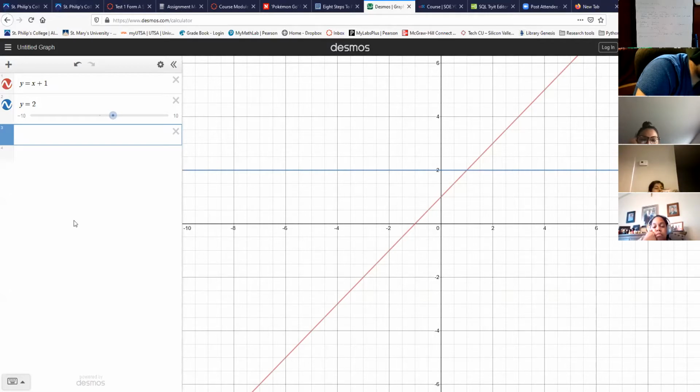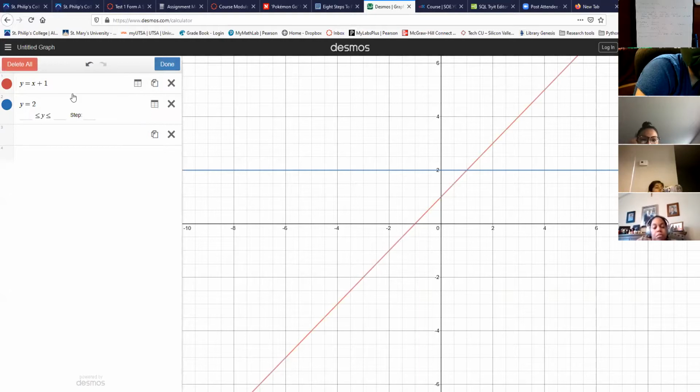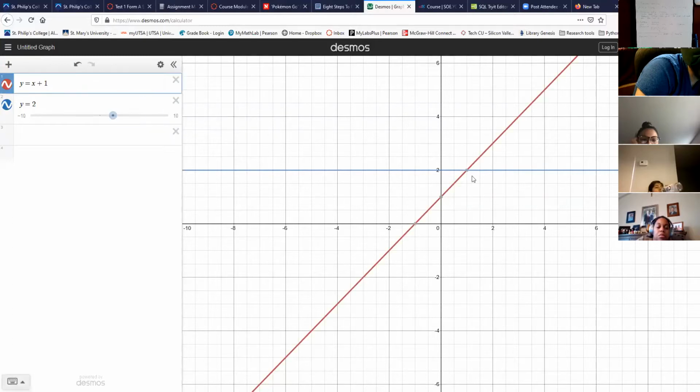So imagine, I don't know if I can restrict it. That might be better if I can. No, that might take too long. But yeah, so imagine this is the connecting point. Everything above up here is deleted, and everything below this blue line is deleted.